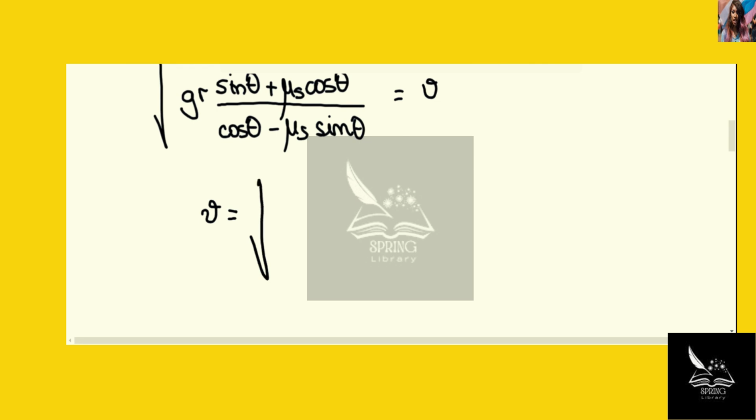Now all we need to do is to substitute the numbers. So g is 9.8 meters per second squared. R, the radius, is 0.2 meters, as I said before. The sine of theta is 3/5. Mu s is 0.2. Cosine of theta is 4/5.